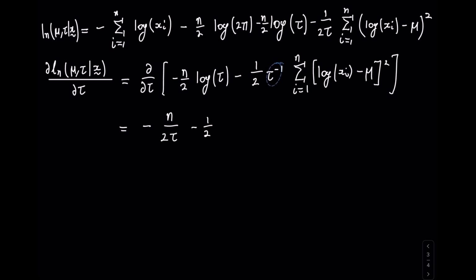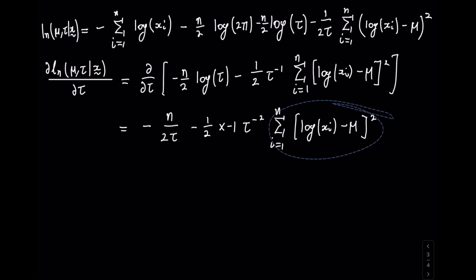We've now got to take the power down the front, so we've got a -1. We've got to now take 1 off the power, which gives us -2. And then finally, we still have our summation, which with respect to tau is actually a constant. So we don't need to worry about that. It can just multiply there at the end.